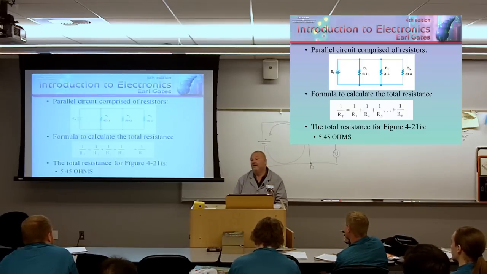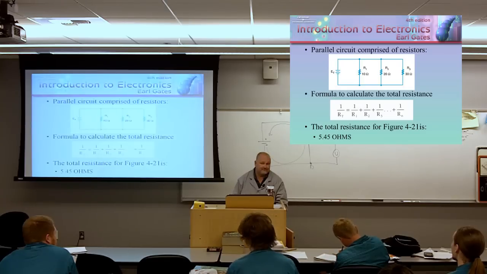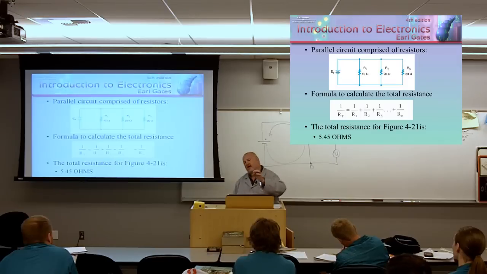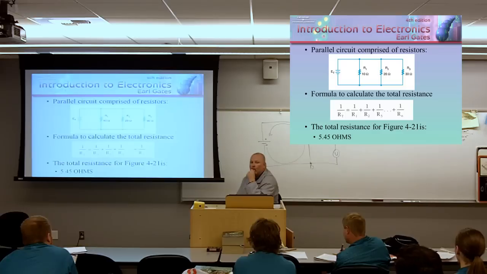Conductivity. Remember that? 1 over R equals conductivity, Siemens, measured in mhos. So what we're saying here is by adding up all of the conductivities of all of these branches of a parallel network, then taking the reciprocal of that, we end up with total resistance.